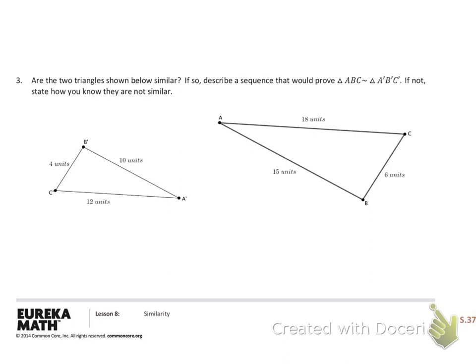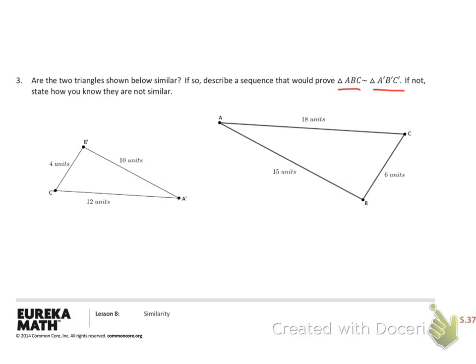Now again, ABC, A prime, B prime, C prime. So we can look at segments such as AB, AC, BC, all of these, and compare them.